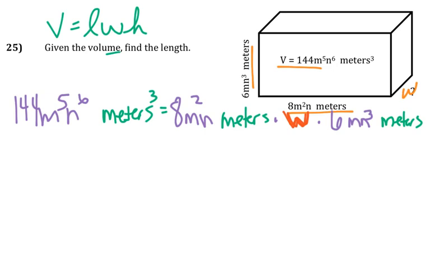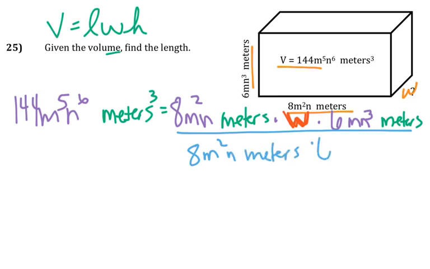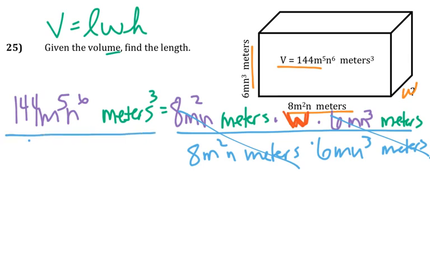So I'm trying to solve for what's red there, and everything else, all the purple and green, that's all being multiplied. So what I can do is I can just divide by 8m to the second n meters times 6m n to the third meters. And that's going to cancel out and then leave me with only a W. So then on the other side, I can write this a little bit shorter because I know that 8 times 6 is 48.